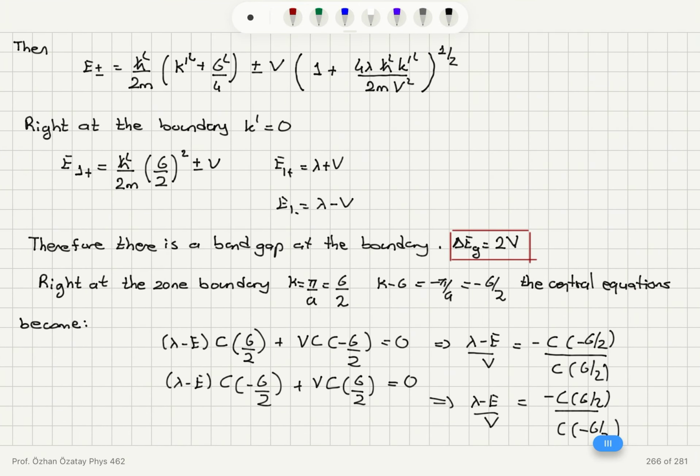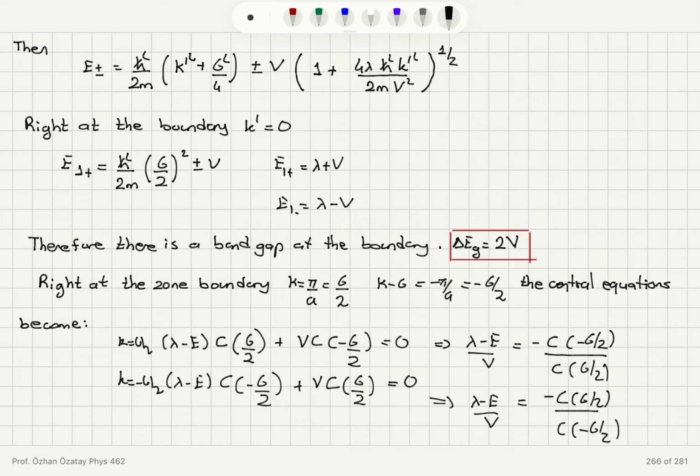When I substitute k is equal to g over 2, and for the k minus g equation, I substitute k is equal to minus g over 2. So these two equations give me the following result.